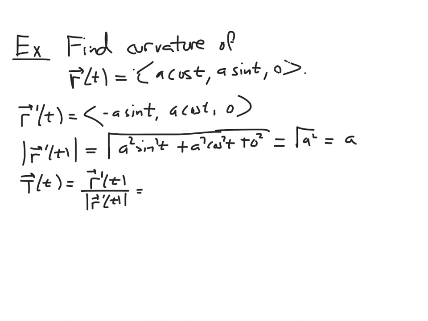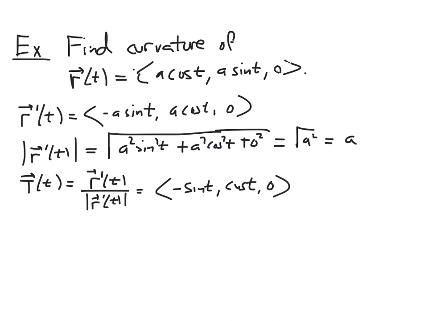So it's going to be 1 over a times the vector r prime of t. And so we just get negative sine t, cosine t, and 0. So we get rid of the a at each point there.